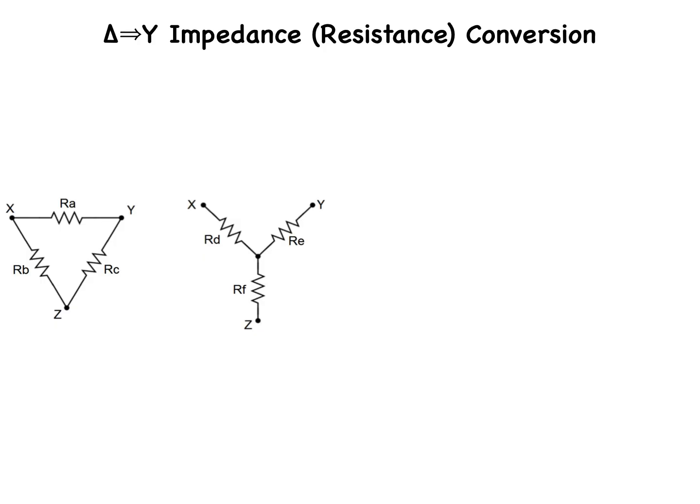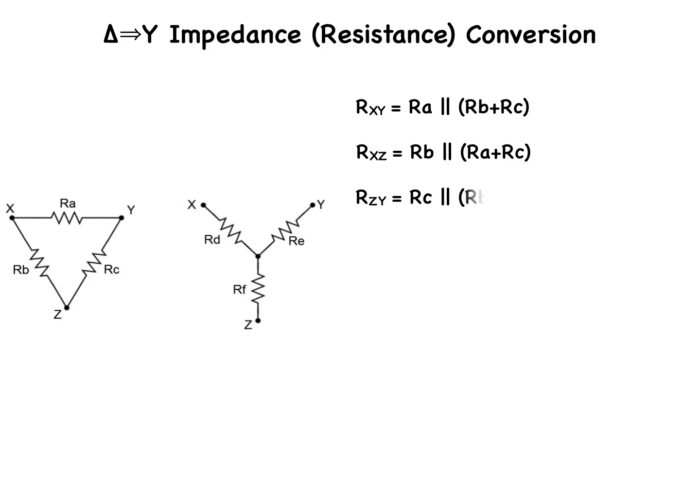Looking at the delta circuit, between the 2 points X and Y, the resistance would equal RA in parallel with the quantities RB in series with RC, and the 2 points XZ, the resistance would equal RB in parallel with the quantity RA plus RC, and the 2 points ZY, the resistance would equal RC in parallel with the quantity RB plus RA.